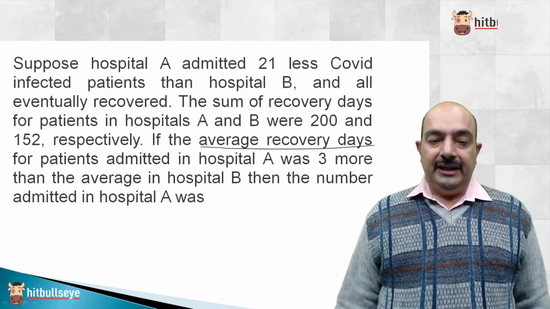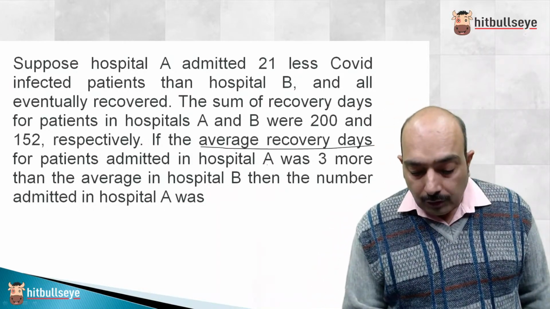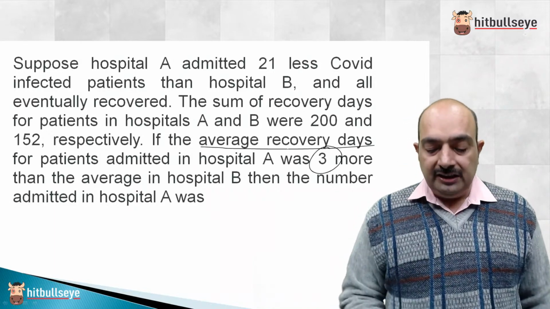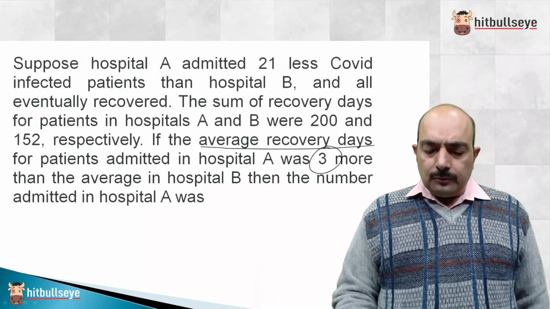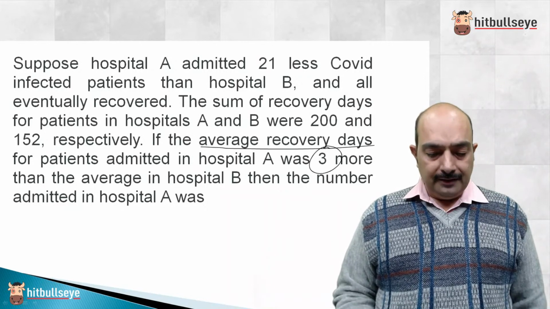Average recovery days. A very interesting question. Average recovery days for hospital A was 3 more than the average in hospital B. Now the only thing is, what do you mean by average recovery days?